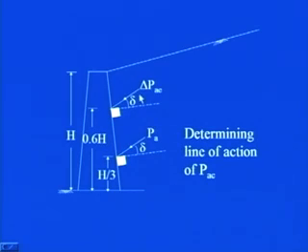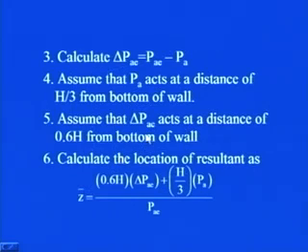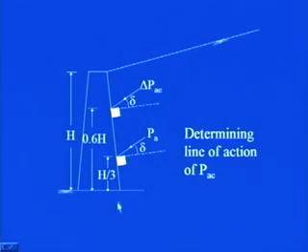So, once we know where they are acting, we can determine the location of the resultant as 0.6 times h into delta PAE plus h/3 into PA, divided by PAE. See, if you take the moment from this particular point, what will happen?